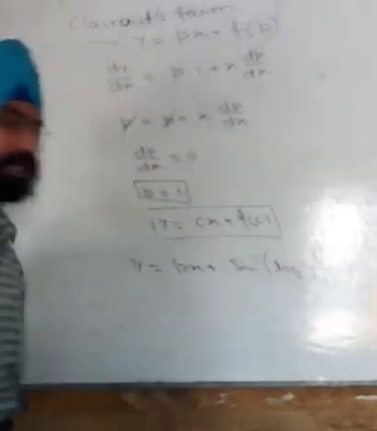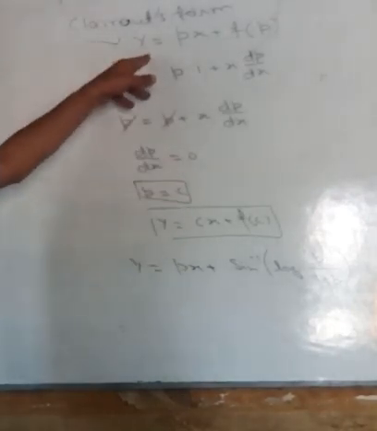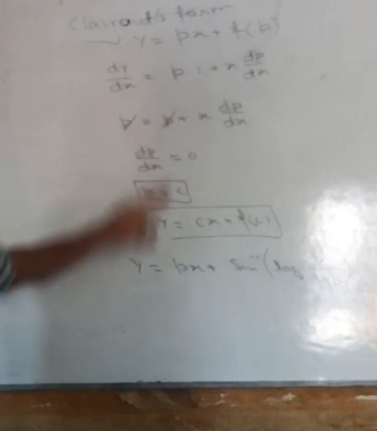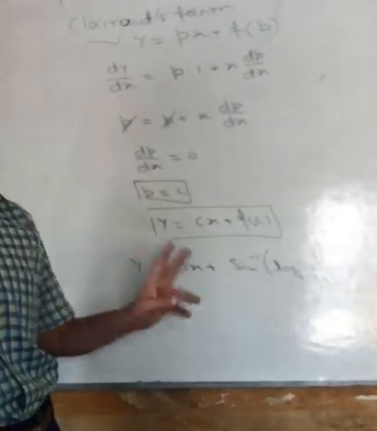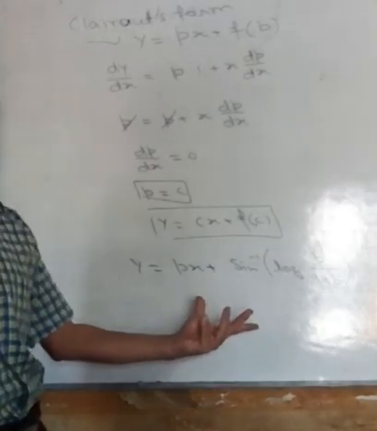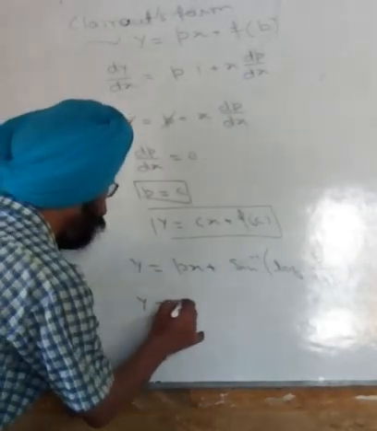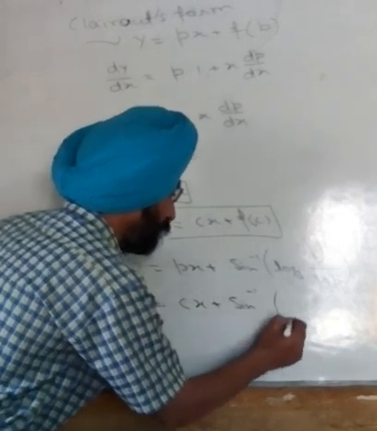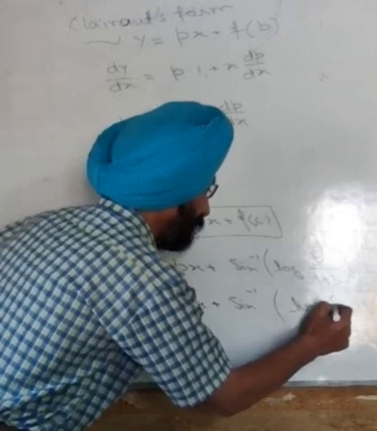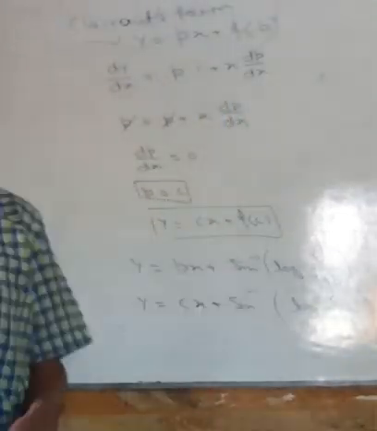Since this differential equation is in Clairaut's form, y is equal to px plus some function of p, the solution will be straightforward. Just replace p by the constant c and the solution will be y is equal to cx plus sine inverse log of c upon 1 plus c. This is the direct solution.